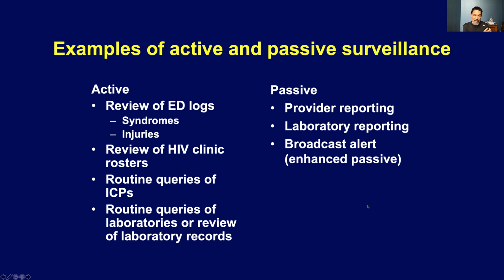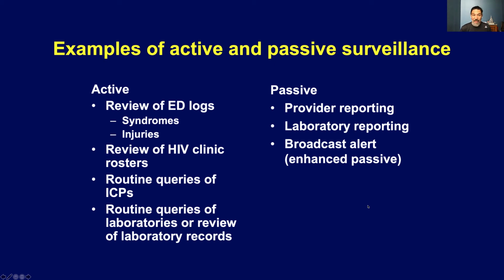Sometimes you'll see, as we've been seeing a fair bit with the SARS-CoV-2 pandemic here in New York City, and also with measles, when there are cases occurring, you might see the health department put out a broadcast alert that is basically informing people what's going on, usually providers, with regard to a particular health outcome, and maybe reminding them or asking them to report new information, or to take extra care to look for all of the cases in their practice and report them.